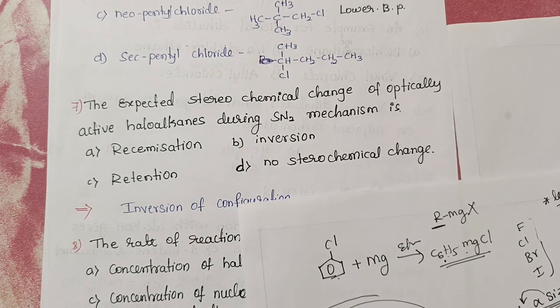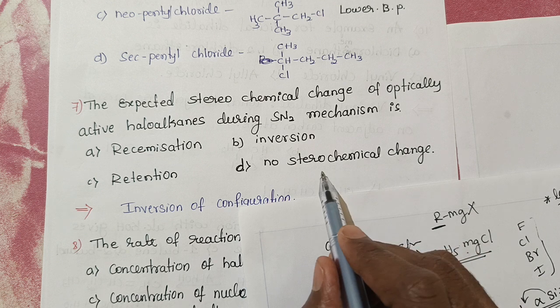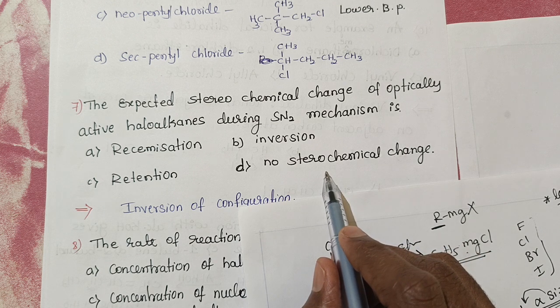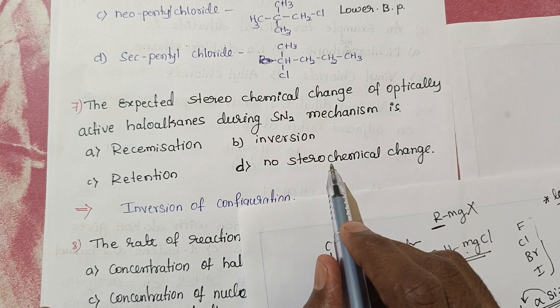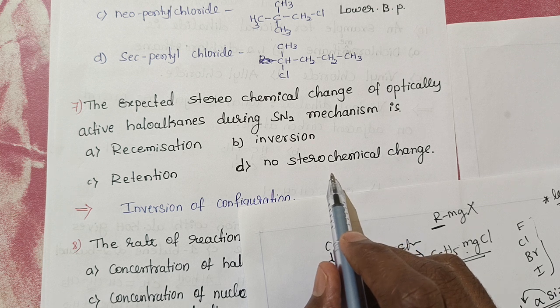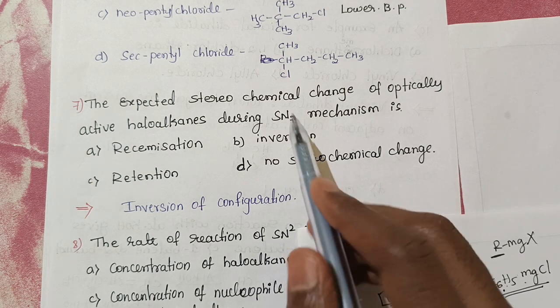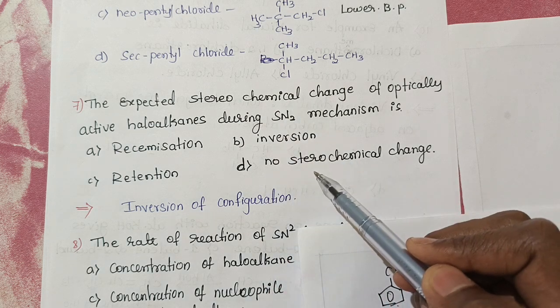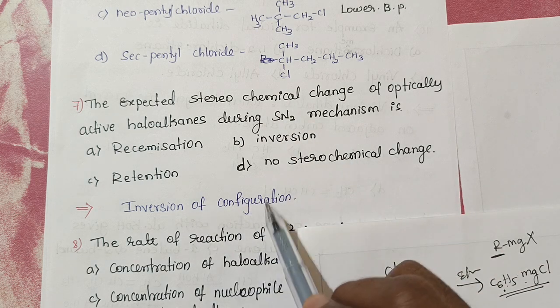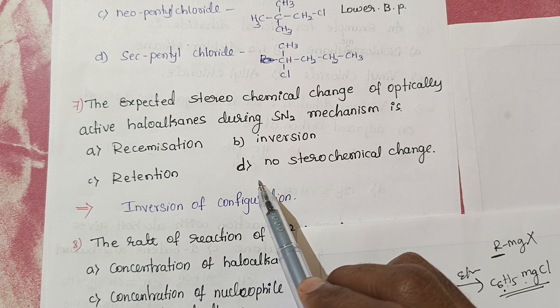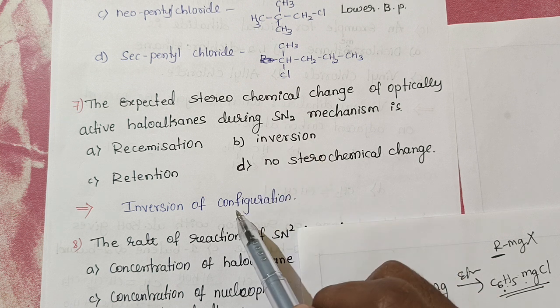So here there must be a stereochemical change. Which type of stereochemical change is it? The options are inversion of configuration, retention, as well as inversion. Retention is with respect to the SN1 mechanism; in SN2 it is inversion of configuration.